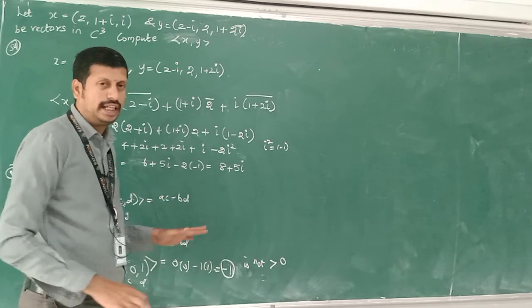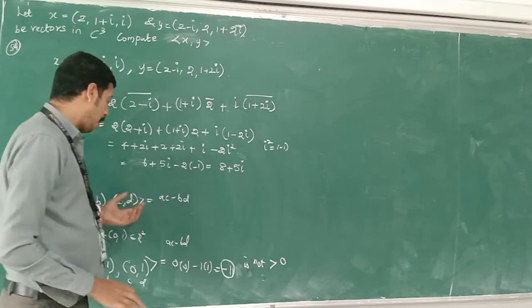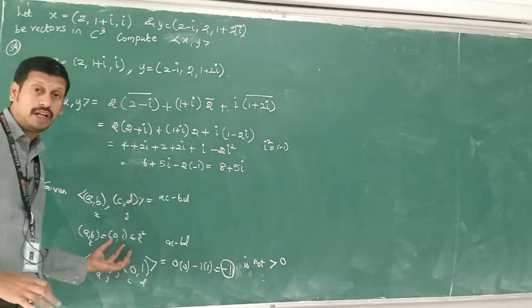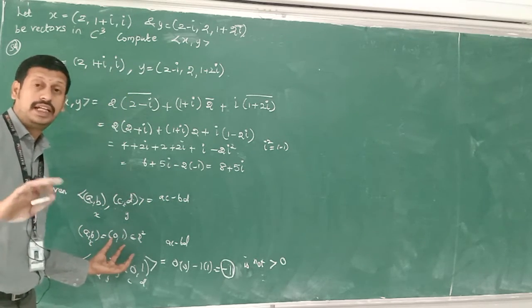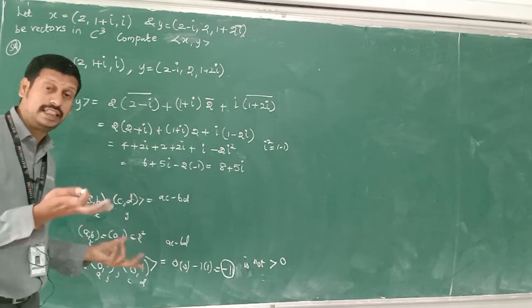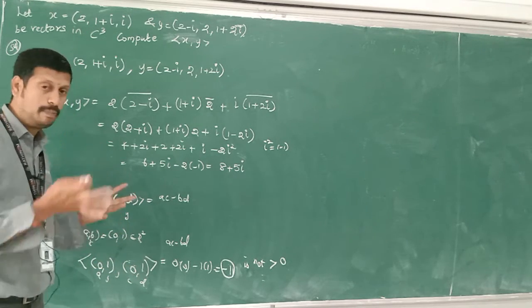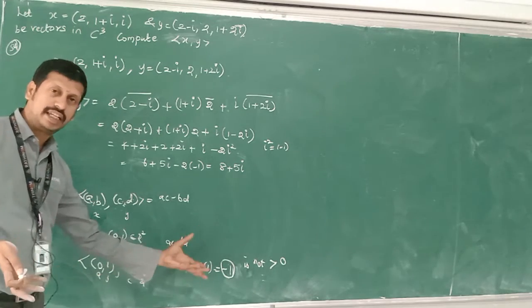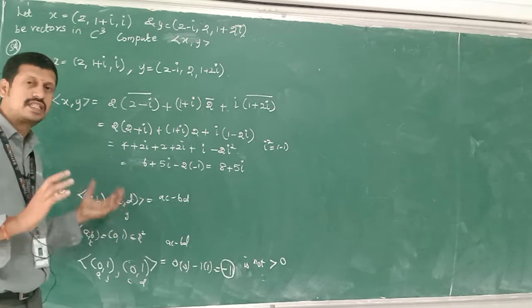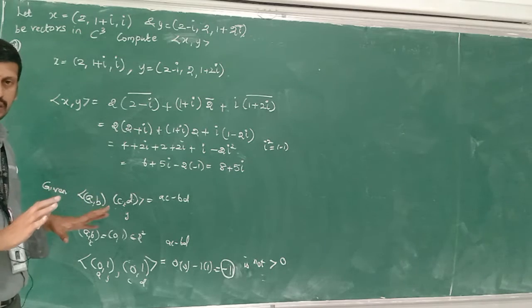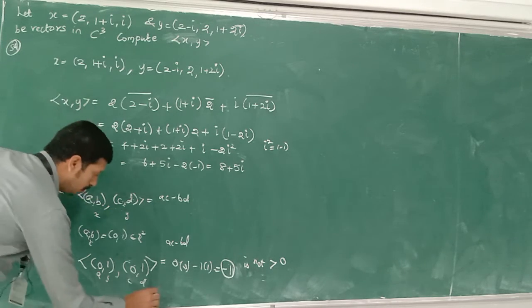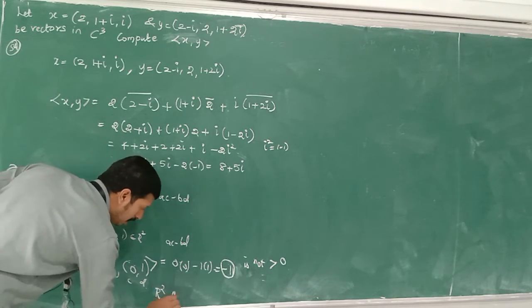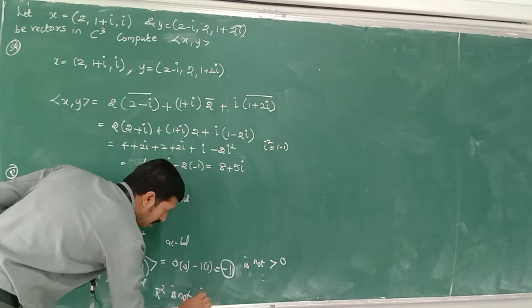So we should totally neglect that. It is not given in the problem that it is 0, 1. We can consider anything which is real. If we consider 0, 1 itself, it does not hold. Therefore R2 is not an inner product space.